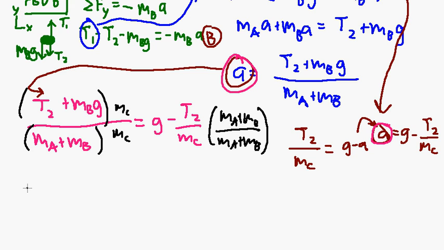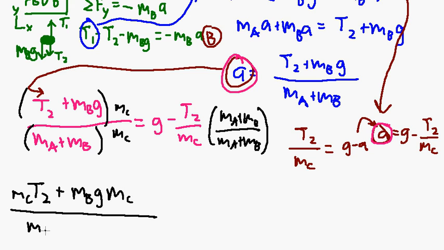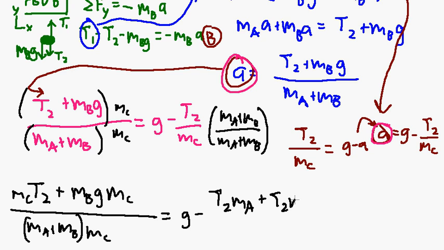So T2 plus MB times G, and that's actually MC times T2 plus MBG times MC over MA plus MB times MC equals G minus T2MA plus T2MB over MA plus MB times MC.